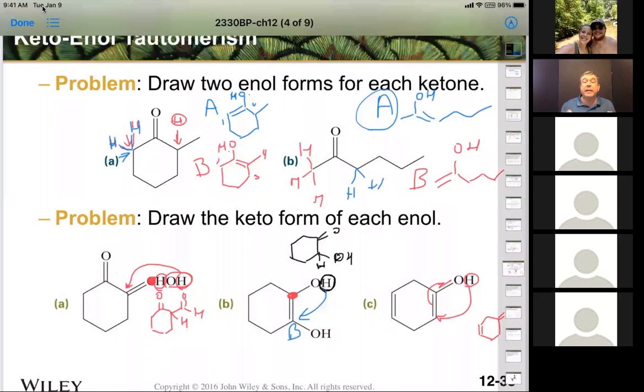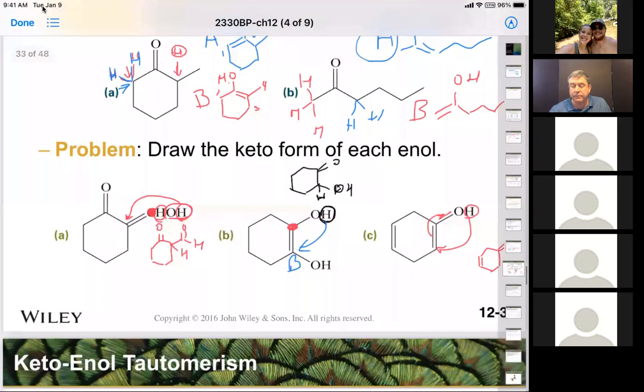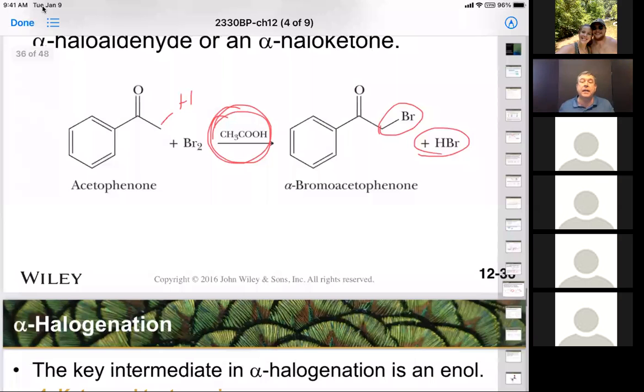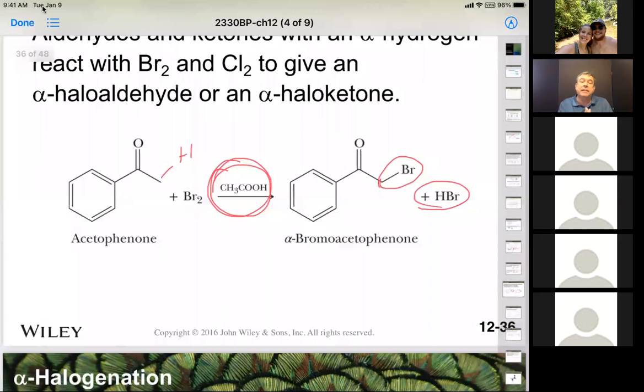That gives rise to reactions that we don't think should happen, but we know they happen, not only because of racemization of stereochemistry, for example here, but also with this reaction at that alpha site. The alpha site is the site next to the ketone, so we get these reactions there.